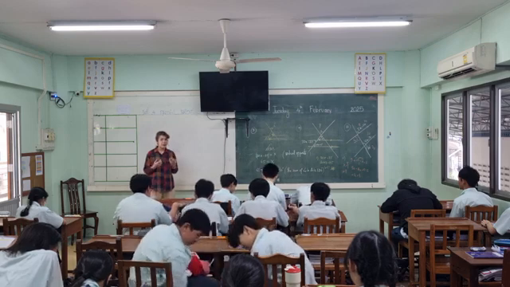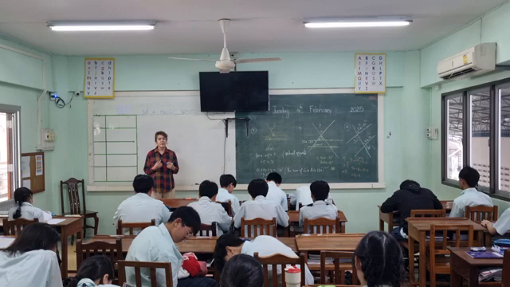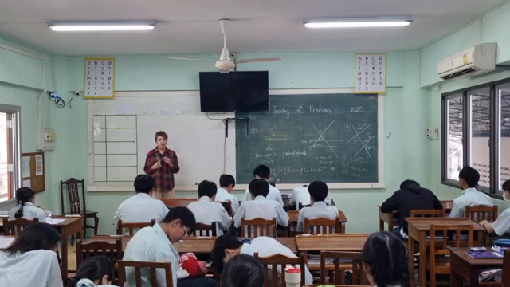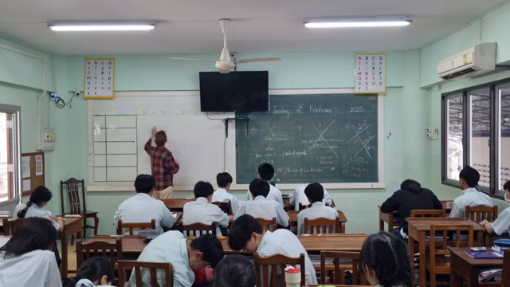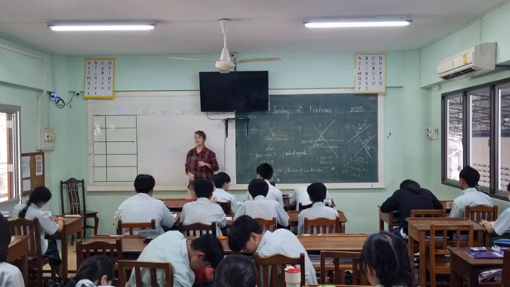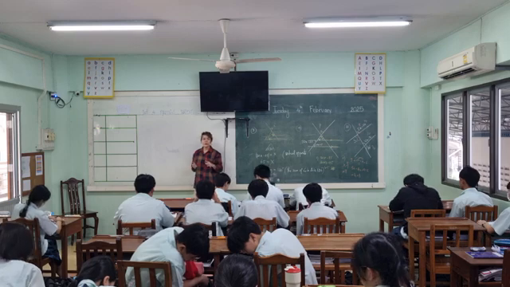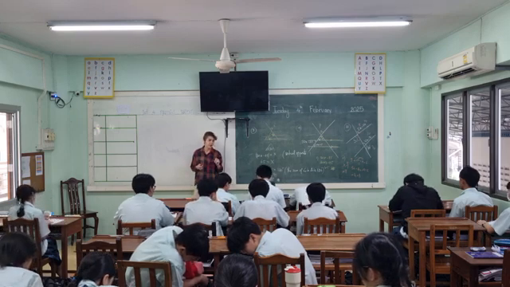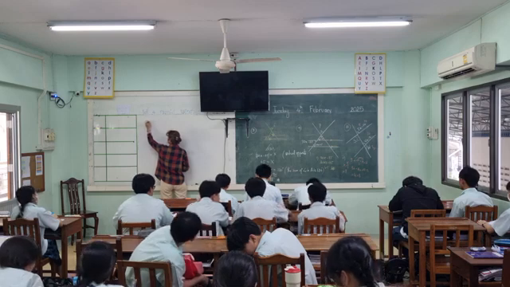So, what happened when European countries invaded the African countries? What did they do? Do you know? Yeah, they took the resources and they started to colonize them. So, colonization happened in Africa. Today the topic is colonization in Africa.